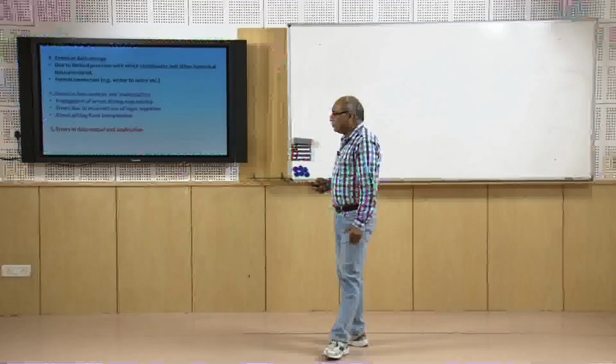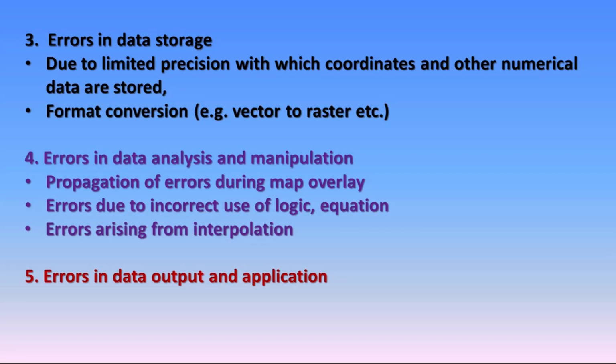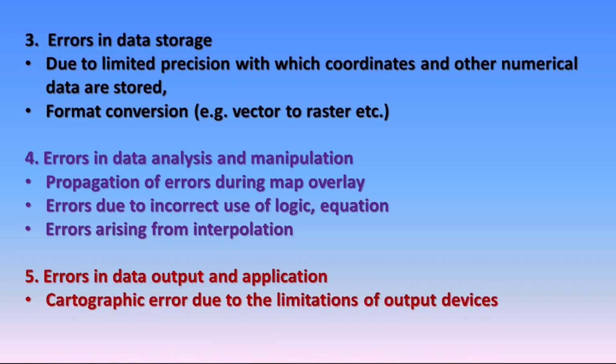And finally, in this category are the errors in data output and application. For example, the cartographic errors, which relate to the key elements of the map that we will discuss later in this lecture. So, cartographic errors due to limitations of output devices. Here it means that the resolution of your output device is not as good as it should be.